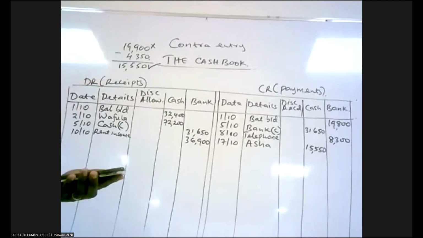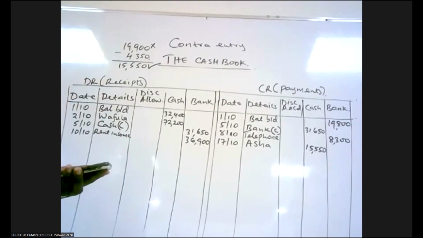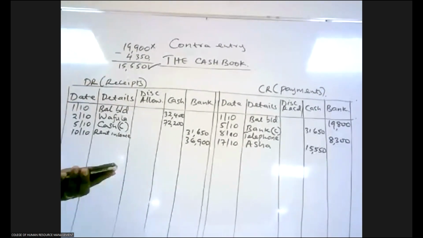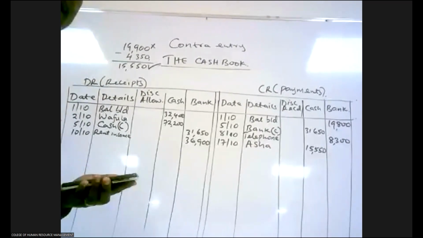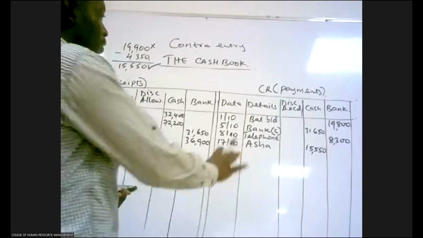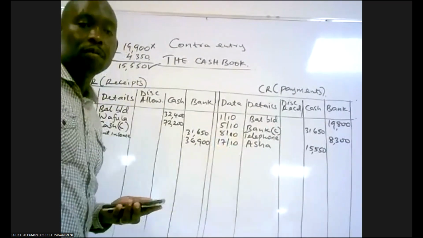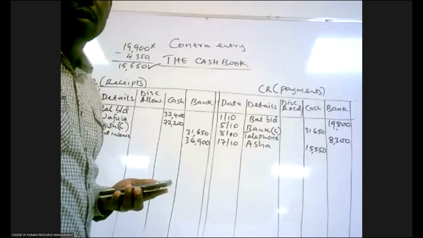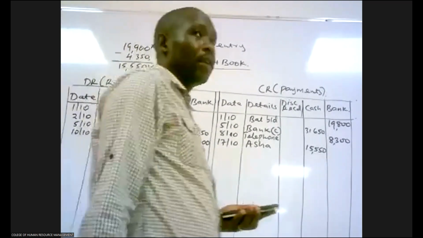Somebody is saying can't see the board clearly. I don't know what is the challenge. Mine, I can see it is very clear from my end here. Anybody who is having a challenge on seeing what is written on the board? Somebody is saying it's very clear also.